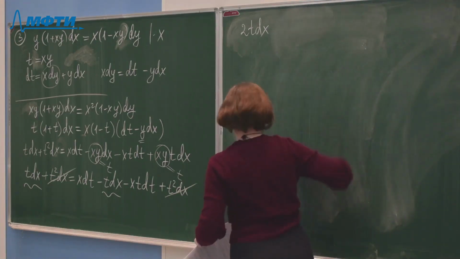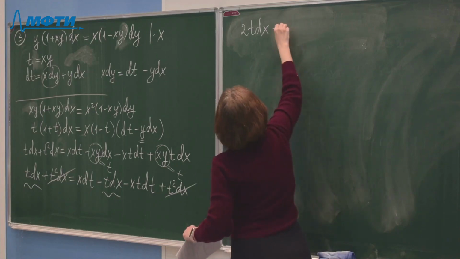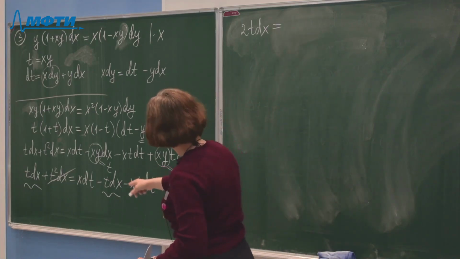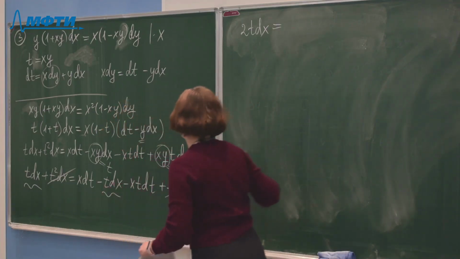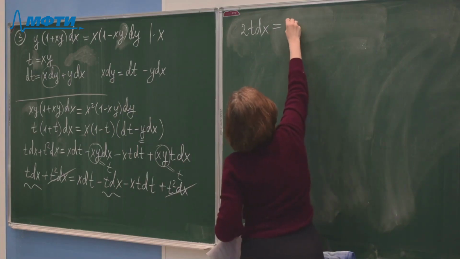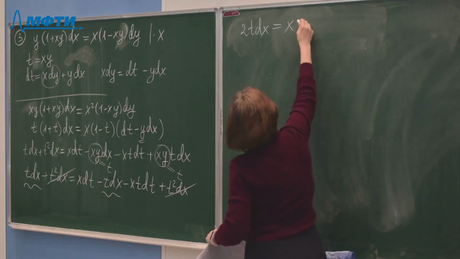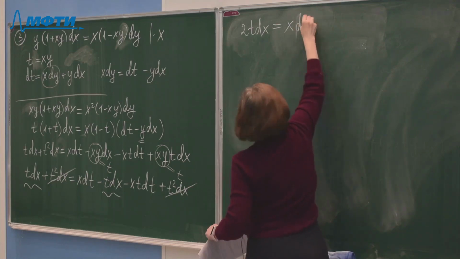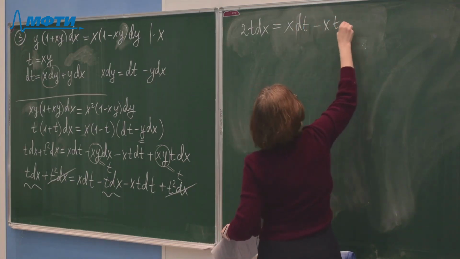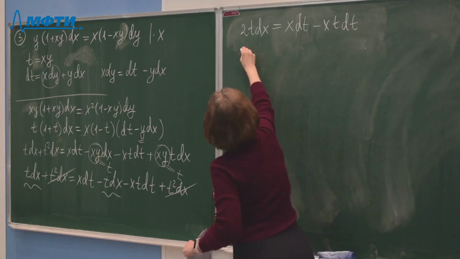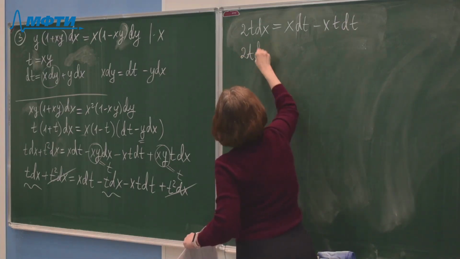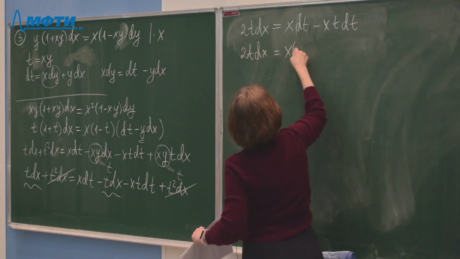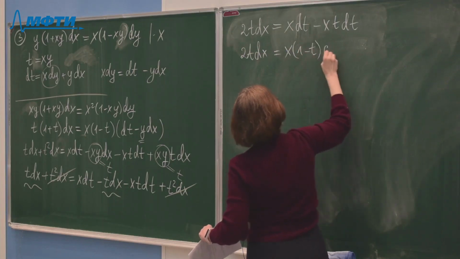Just a moment. It's better to leave these two terms on the right, because I want to divide them, so I will do the following. I will represent it as x dt minus xt dt. Then it is equal to x times 1 minus t dt.